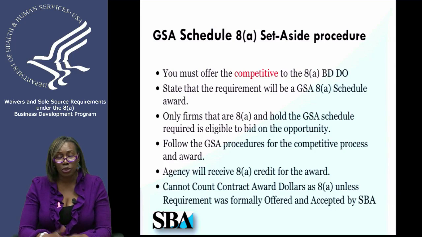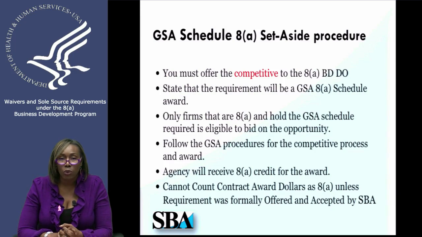Because if down the road we talk about requests for release and we look at the contract and we see it's a GSA schedule, we can't automatically assume now that the contract was an 8(a) set aside. So if you're going to utilize GSA's set aside procedures and use the federal supply schedules, you must offer it because it's not an 8(a) contract, and we must accept that requirement.